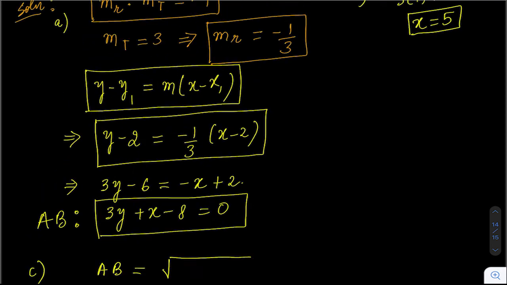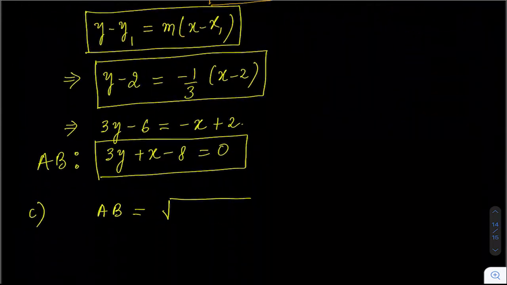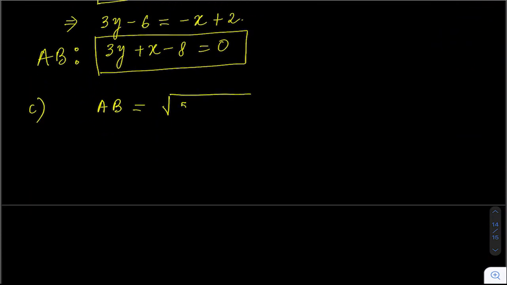Square root of x1 minus x2 whole square plus y1 minus y2 whole square, which will be nothing but square root of 9 plus 1, which is 10. So this is my AB, that is nothing but the radius.